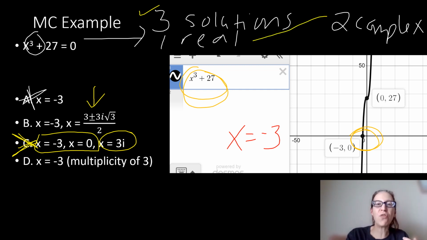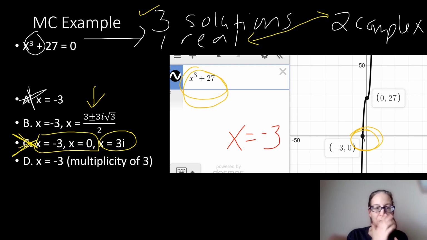Now we were thinking 1 real and 2 complex, but what if you had that 1 real one and it just came up multiple times? I'm just trying to think of the best way to explain this.